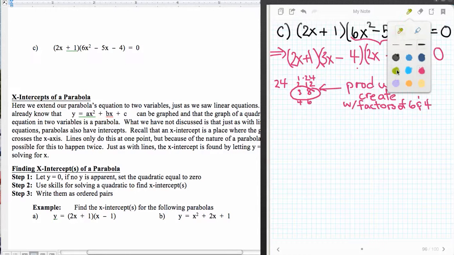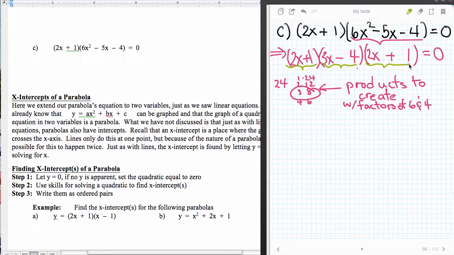Now from there, of course, I'm going to need to set each factor that contains an x equal to 0 and solve. So I have 2x plus 1 is equal to 0, and then 3x minus 4 is equal to 0, and then 2x plus 1 is equal to 0. Now you'll see that 2x plus 1 and 2x plus 1 here and here are the same.